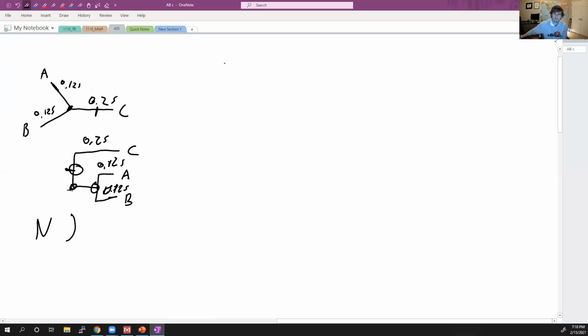So if we have number of taxa, let's recognize before we get into this that if we have 4 sequences or 4 specimens, we can observe 3 different unrooted trees.